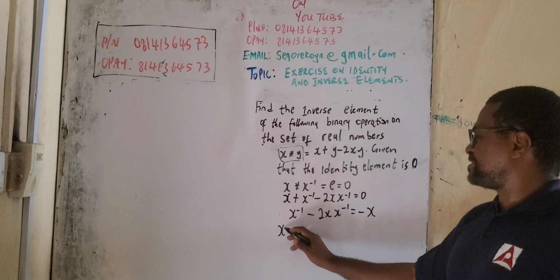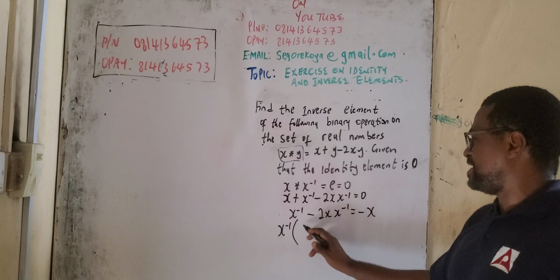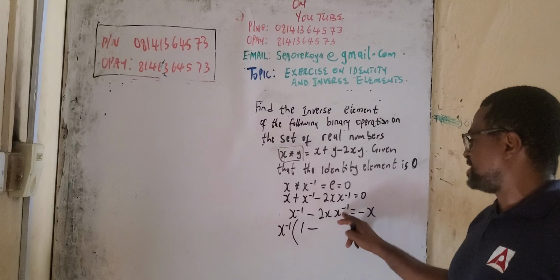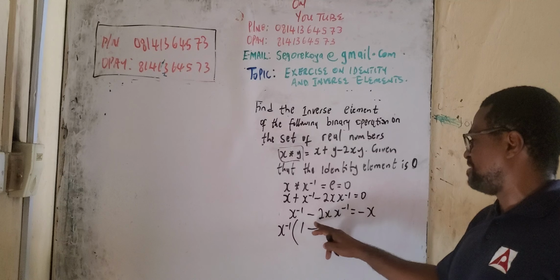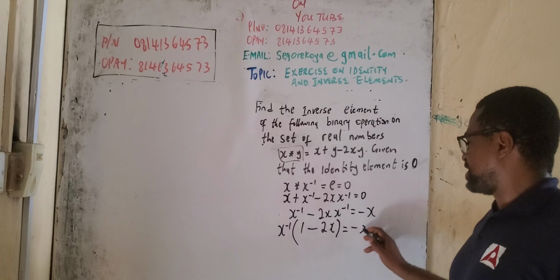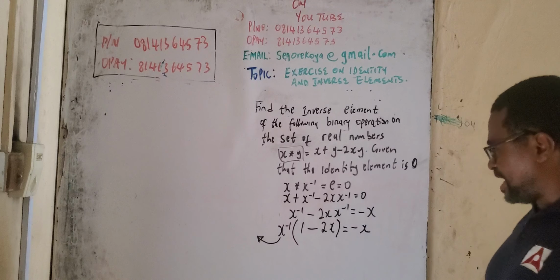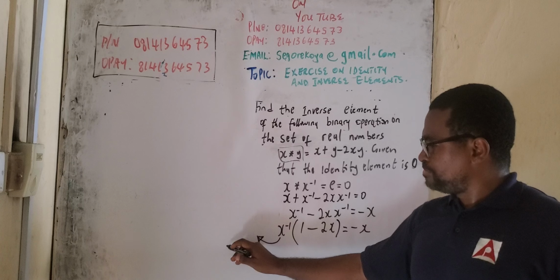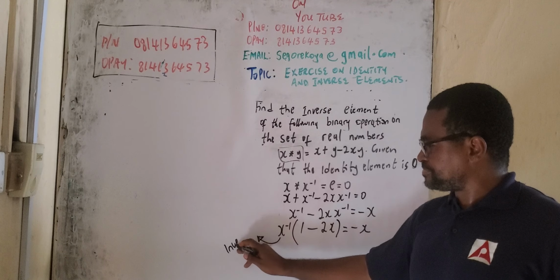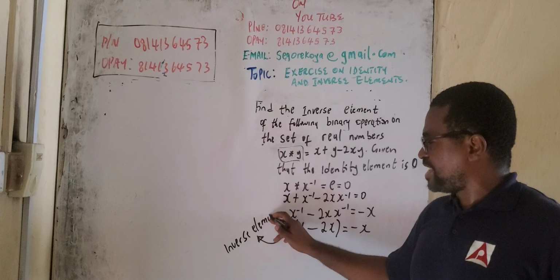I have x inverse bracket, when you take x inverse out here, you are left with 1, minus, when you take x inverse out here, we are left with minus 2x, is equal to minus x. So this particular parameter I have here is called the inverse element, and that's what we are asked to find.